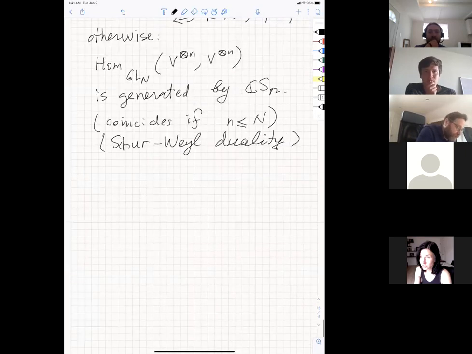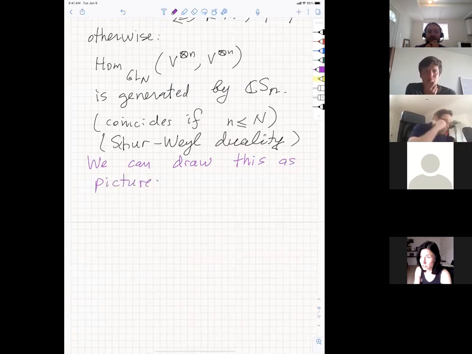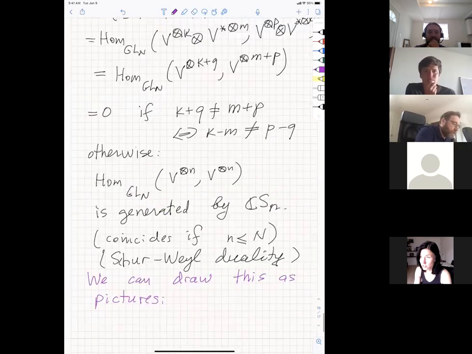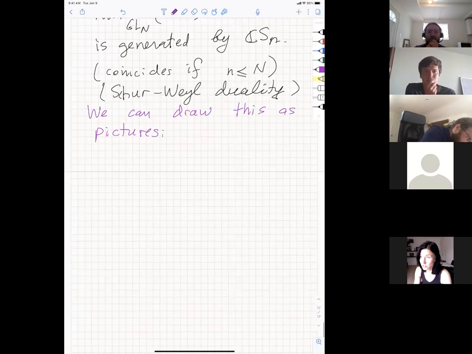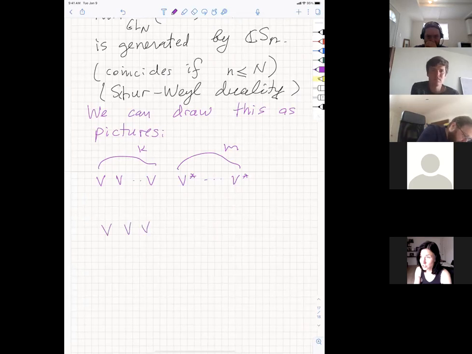And then we can draw this as pictures. So how should we draw it? We have this map from V^K times V*^M to V^P times V*^Q. So I'm going to have K copies of V and M copies of V star here, and here P copies of V and Q copies of V star.